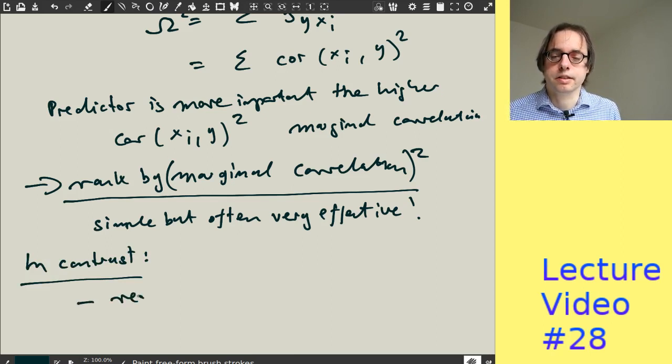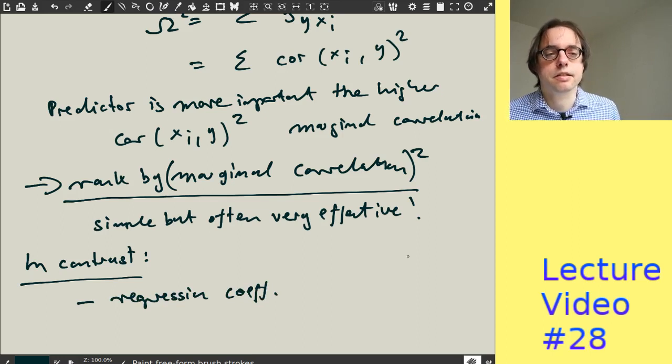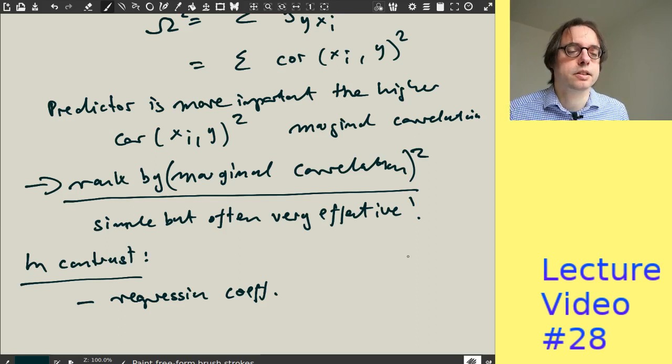regression coefficients directly, because regression coefficients only give you the change of the response when you keep all the variables fixed. So it's basically the partial derivative, the slope of the regression function, and they also incorporate the scale.